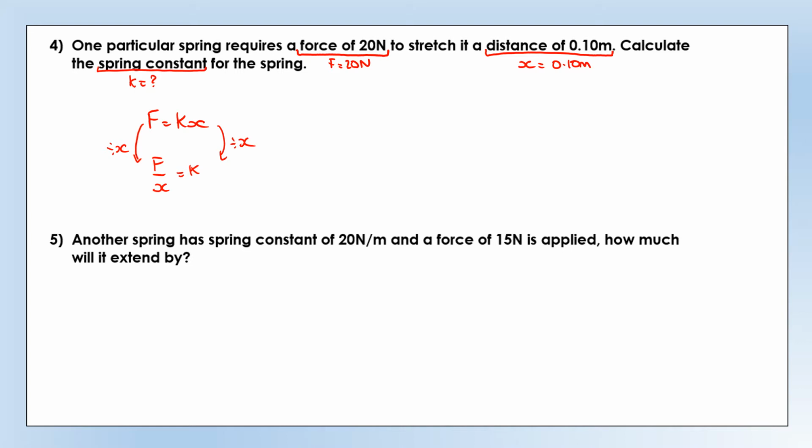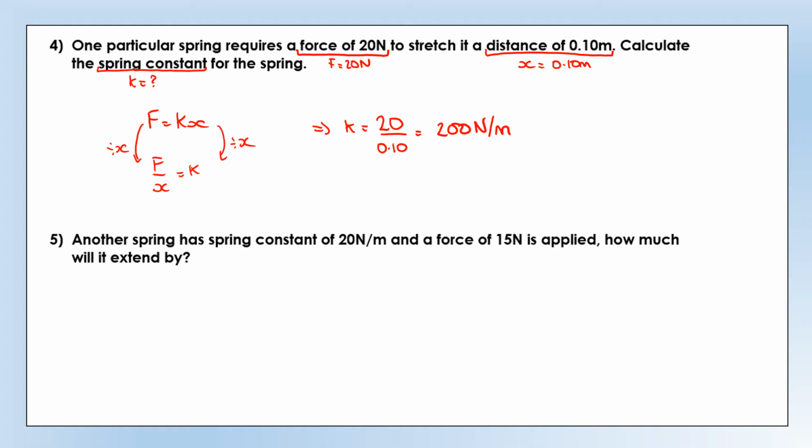Now, because we want to actually calculate k, we're going to substitute some numbers into that equation. F is 20, x is 0.1. So we get a spring constant of 200 newtons per meter. And what that means is it requires a force of 200 newtons to stretch this material by 1 meter, or increase its length by 1 meter.